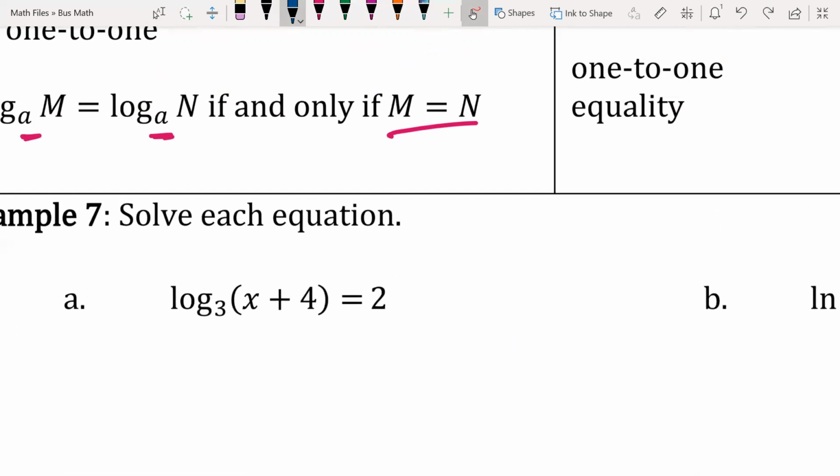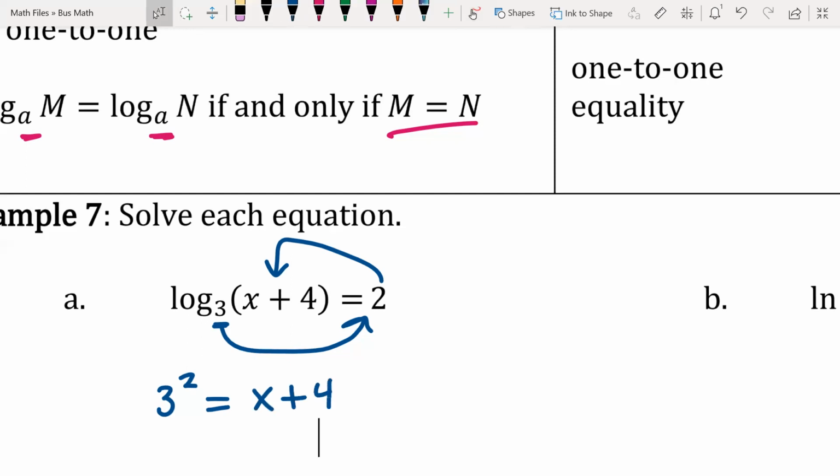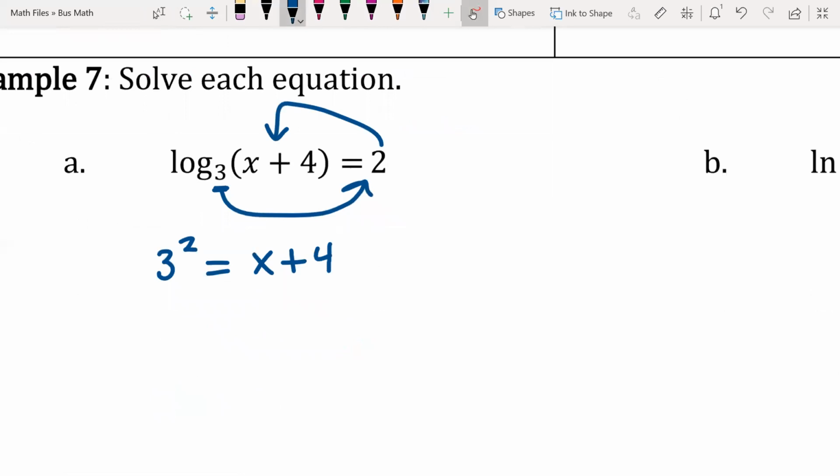So if we convert log to exponential, I'm going to get log base 3 and raise it to that outside number of 2. So this is going to become 3 squared, and you set it equal to the number or terms inside the log. So you're going to get 3 squared equals x plus 4. And now all we have to do is solve for x. 3 squared is 9. You subtract 4. X is equal to 5. There we go.